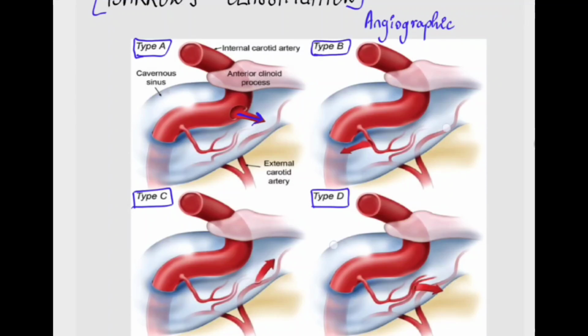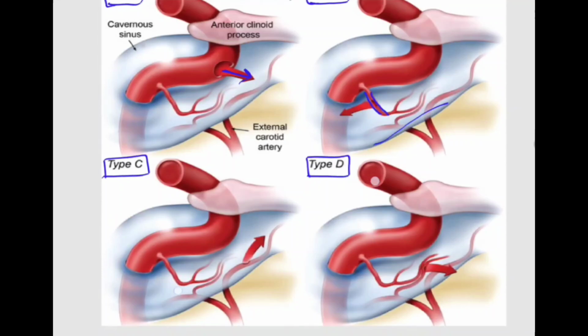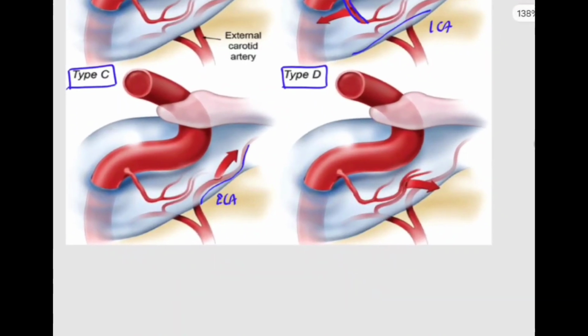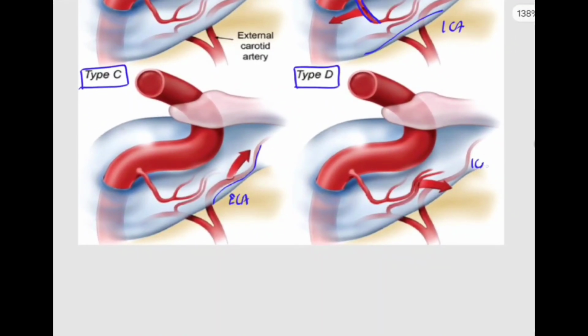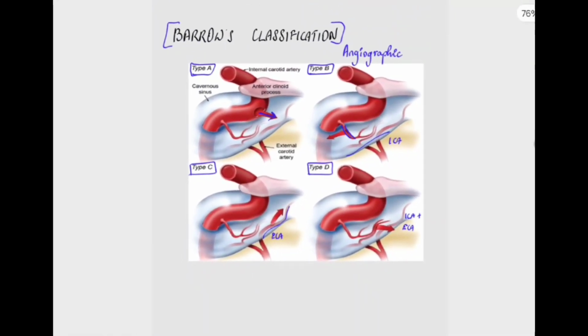Type B fistulas are between meningeal branches of internal carotid artery and the cavernous sinus. Type C fistulas are between meningeal branches of external carotid artery and the cavernous sinus. Type D shunts have connections between meningeal branches of both internal carotid artery and external carotid artery.